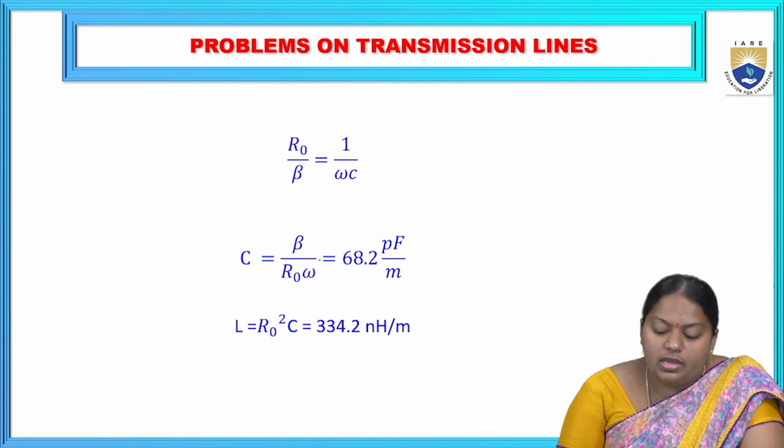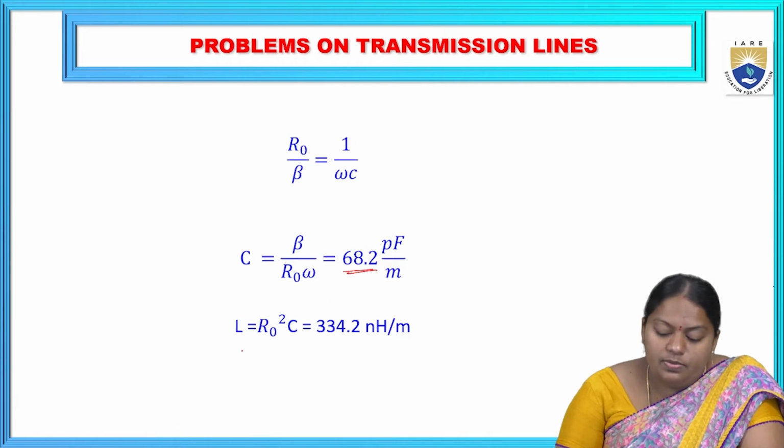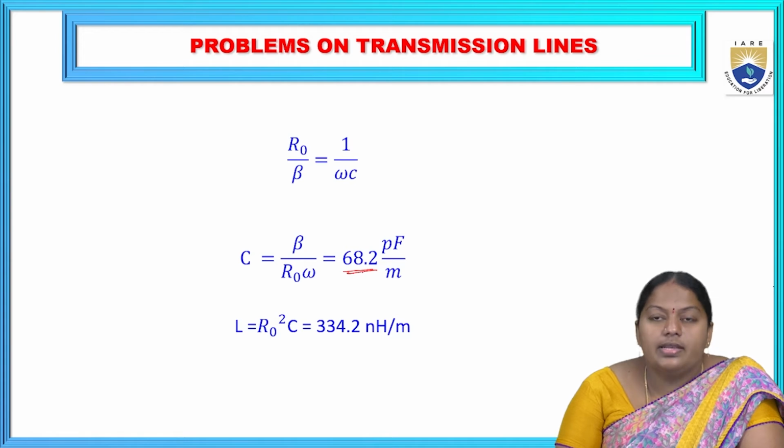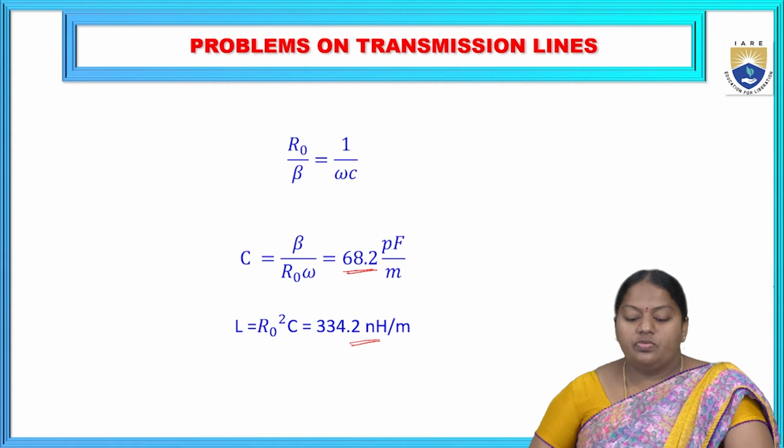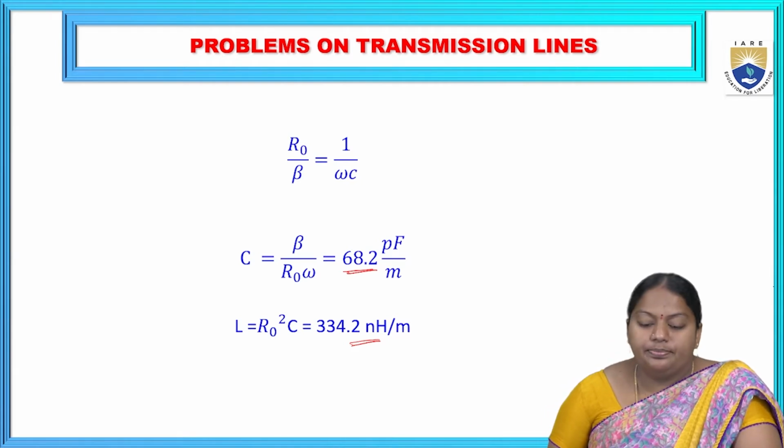So by simplifying everything, we'll be getting the final answer as 68.2 picofarad per meter. Then similarly, L is equal to R0 square into C. Now substitute the R0 value by the Z0 value into the capacitance value obtained as 68.2. Then it is expressed as 334.2 nano Henry per meter. Right?